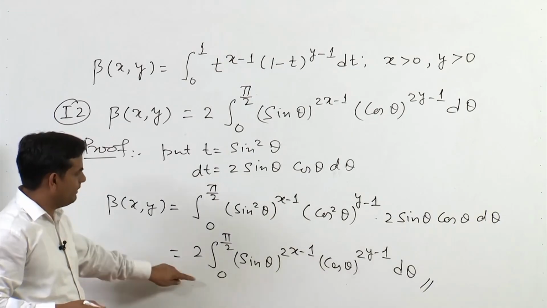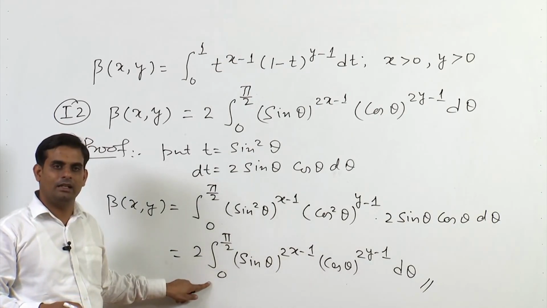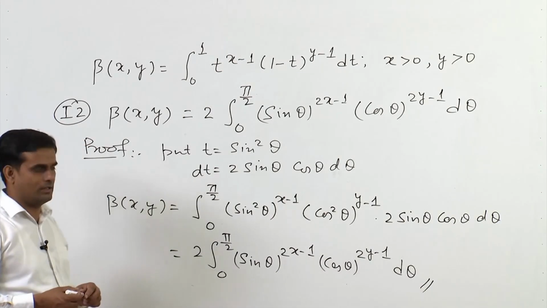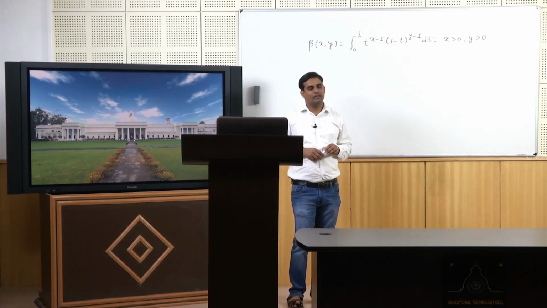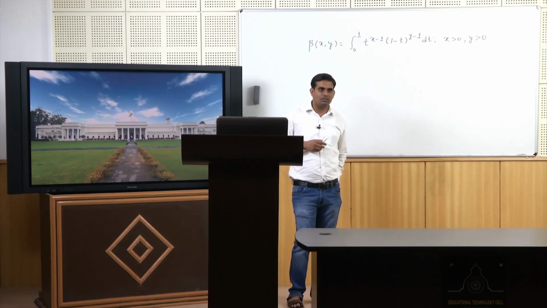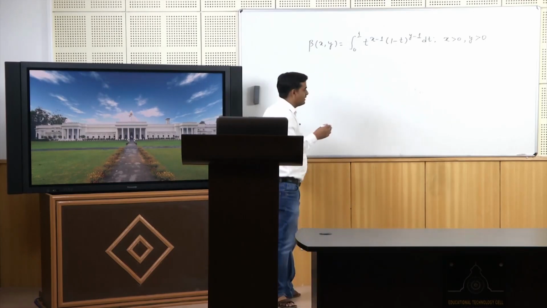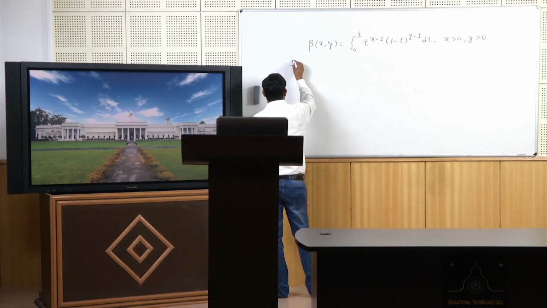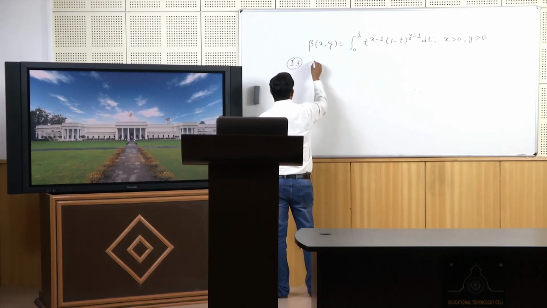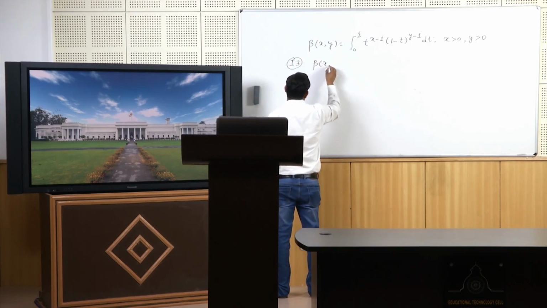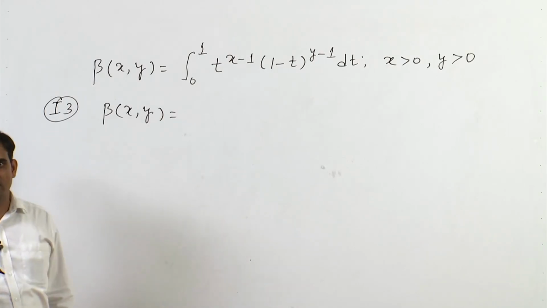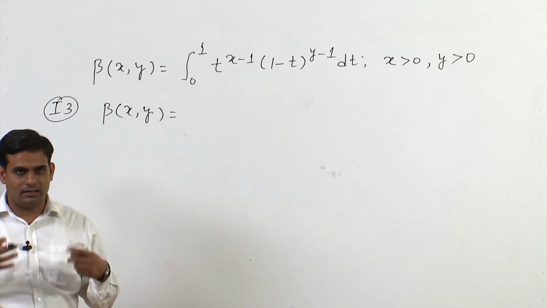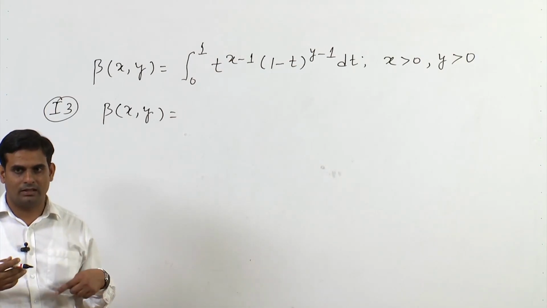As I told you, I will use this identity in several questions. So, the third identity which I am going to discuss here is again an important property of beta function. It says that beta function can also be written as a fractional function of t.